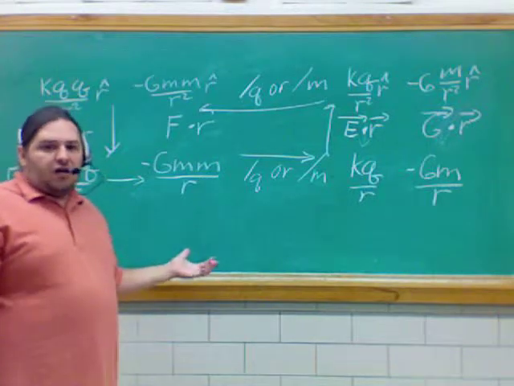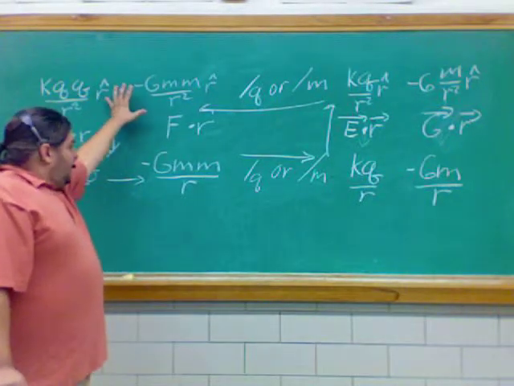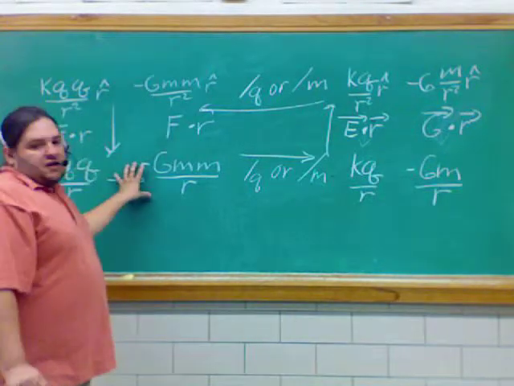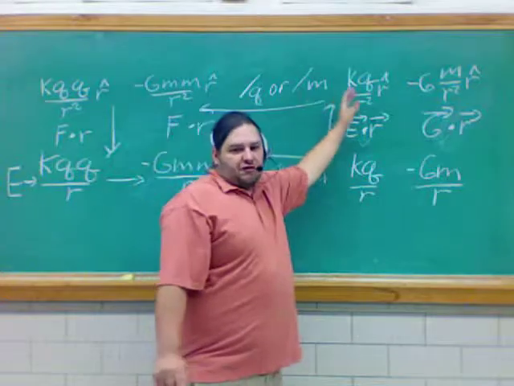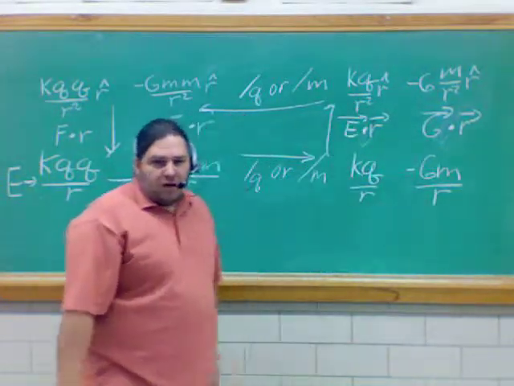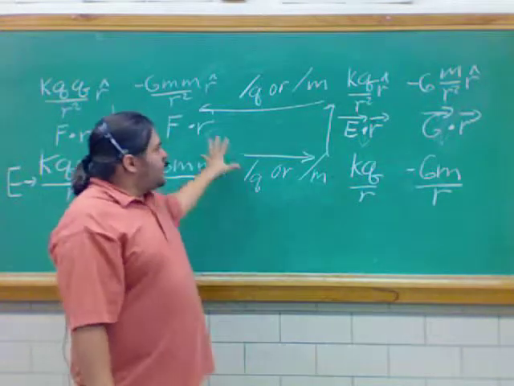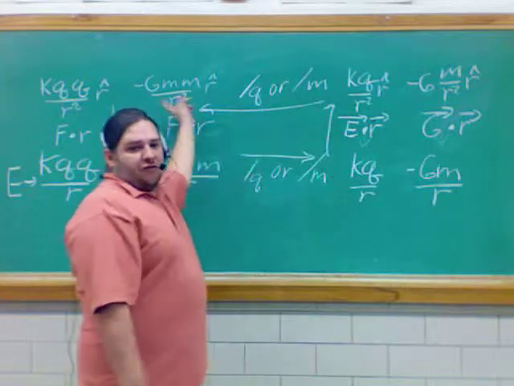So if I'm given an equation, let's say, for the force, I can quickly turn that force equation into an energy equation. Or I can quickly turn that force equation into a field equation. Okay? Does that make sense? So that's the interaction between energies, potentials, fields, and forces.